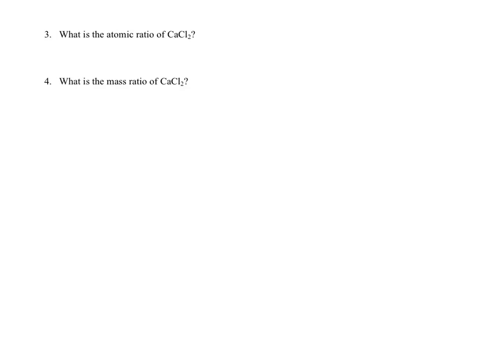Okay, atomic ratio and mass ratio. Atomic ratio, we've done this before. We have 1 calcium and we have 2 chlorines, or 2 chloride ions, and so we actually have a 1:2 atomic ratio.